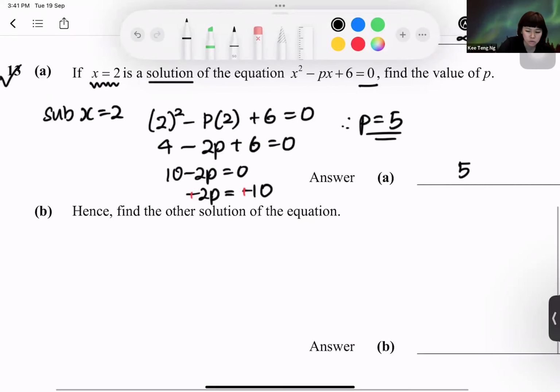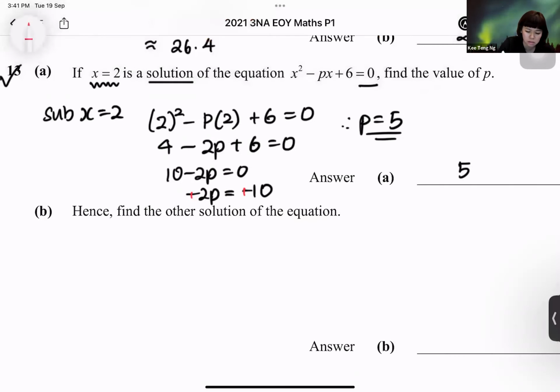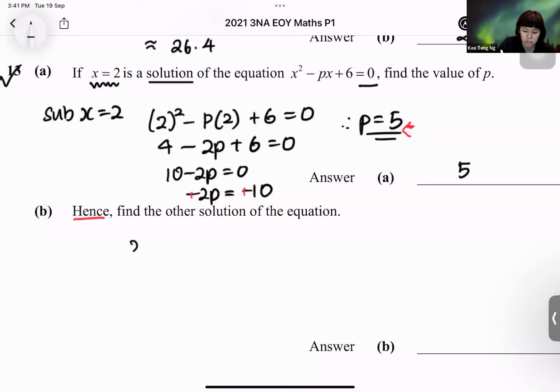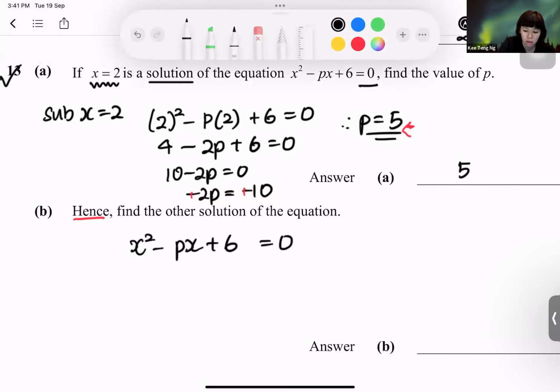Hence, find the other solution. What do you mean by hence? Meaning I have to use this answer here, right? So where does this answer go to? My equation is x squared minus px plus 6 equals 0. They say using your answer, hence. So my p now becomes the number 5.